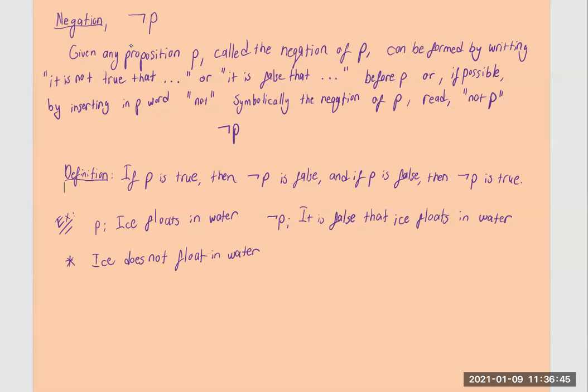So this also gives us not P. We know P is true, not P is false, and here also not P is false.